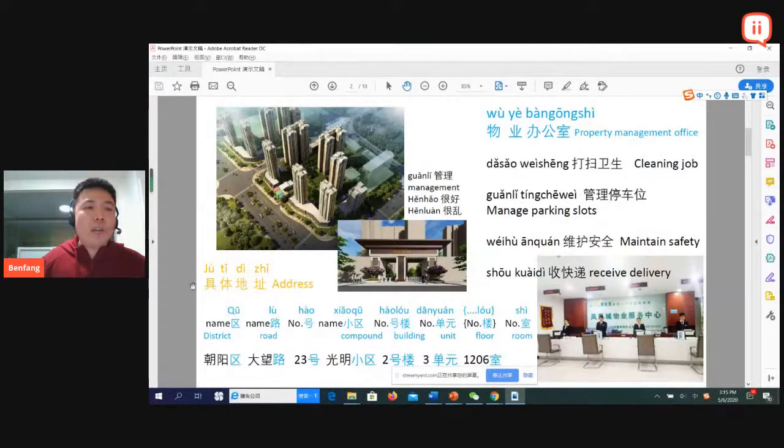Now let's take a look at how to tell the specific detailed address in China. 具体 specific, 地址 address. 如果你在中国租一套房子，你一定会有一个具体地址。If you rent a house, your address should look like this in Chinese.